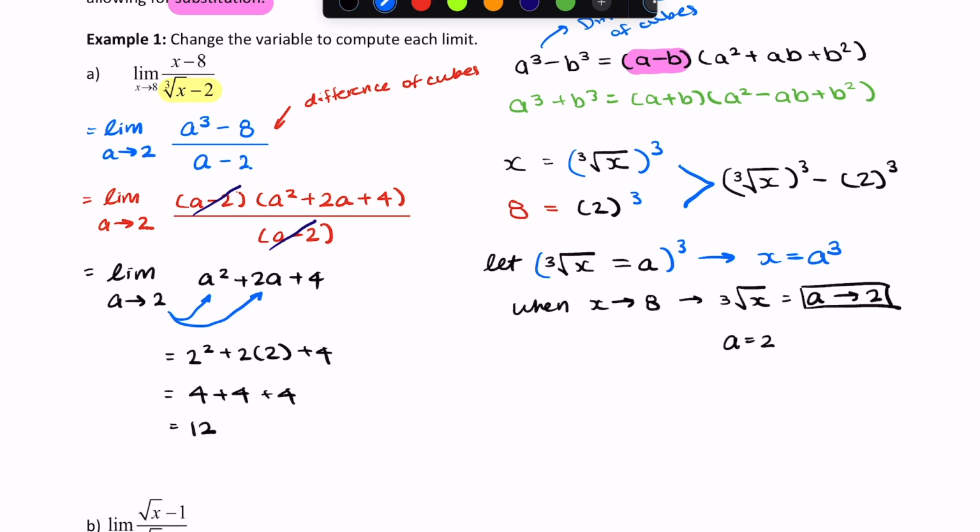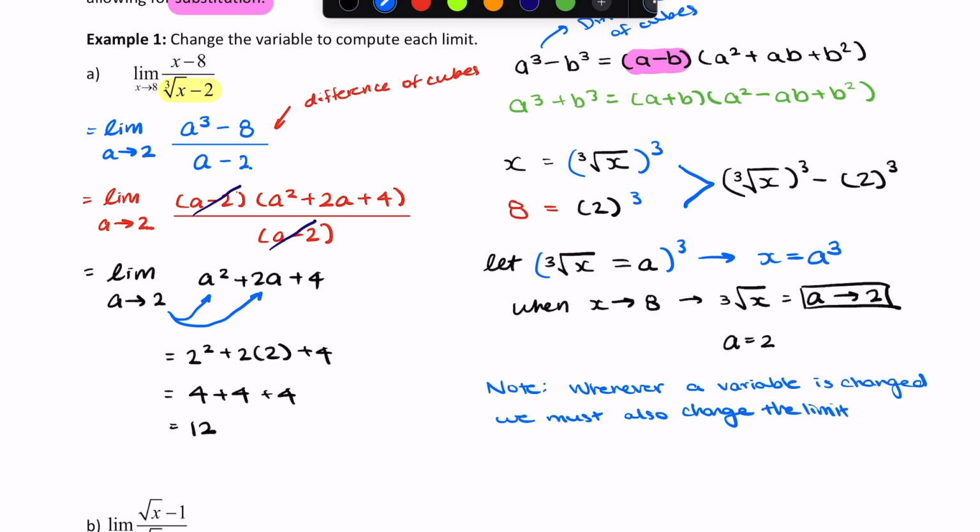And just a quick note here: whenever a variable is changed, we must also change the limit to reflect the new variable.